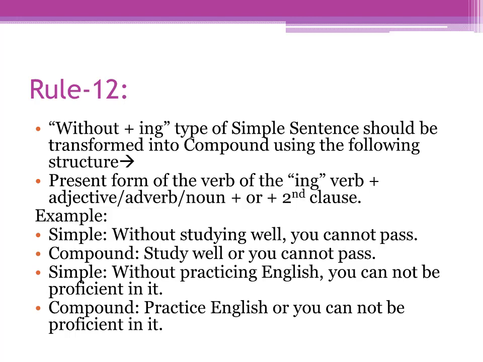Example: Without studying well, you cannot pass well. Compound: Study well or you cannot pass well. Without practicing English, you cannot be proficient in it. Compound: Practice English or you cannot be proficient in it.